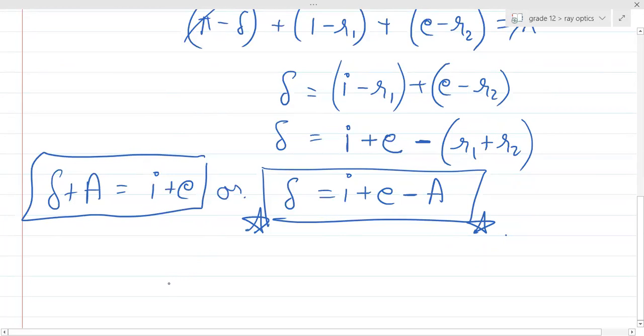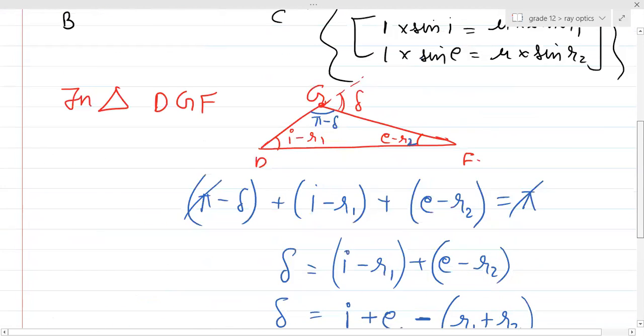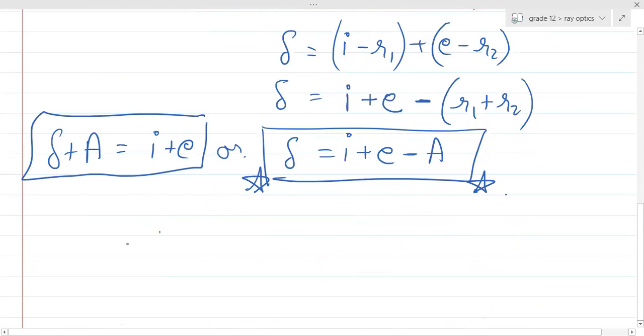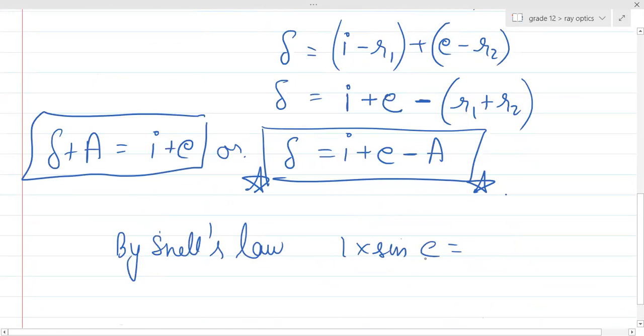Now, can you see, guys? Do you remember these equations by Snell's law? 1 into sine E is equal to mu into sine R2. Can I write E is equal to sine inverse of mu into sine R2? So by Snell's law, we know this particular thing already. Don't write this.